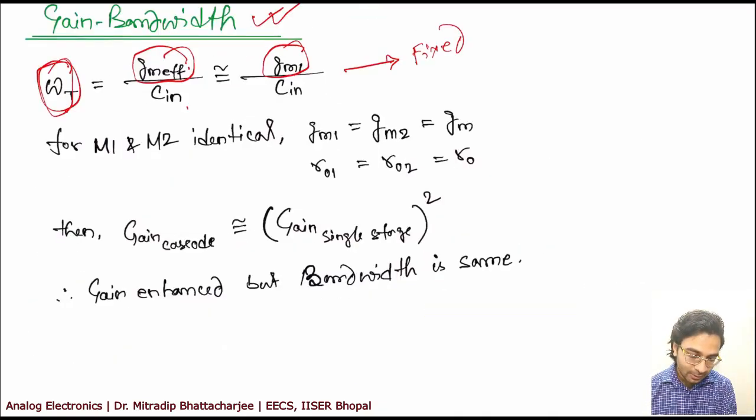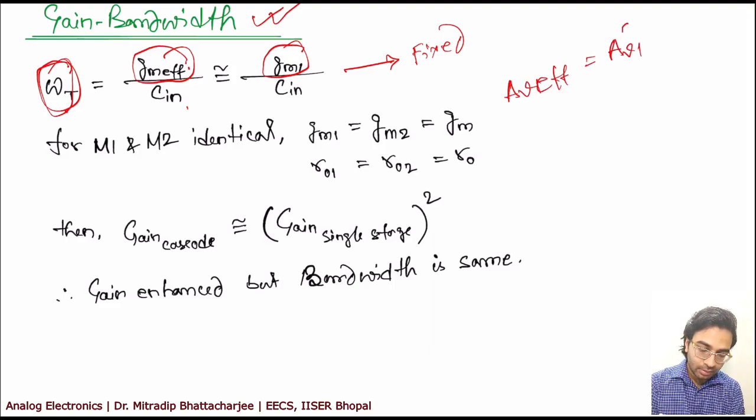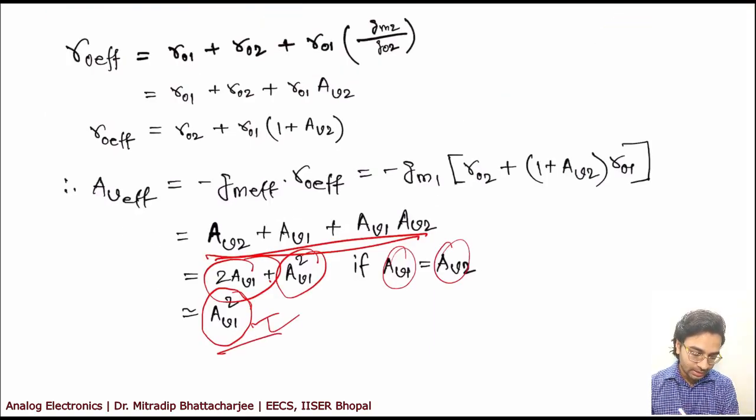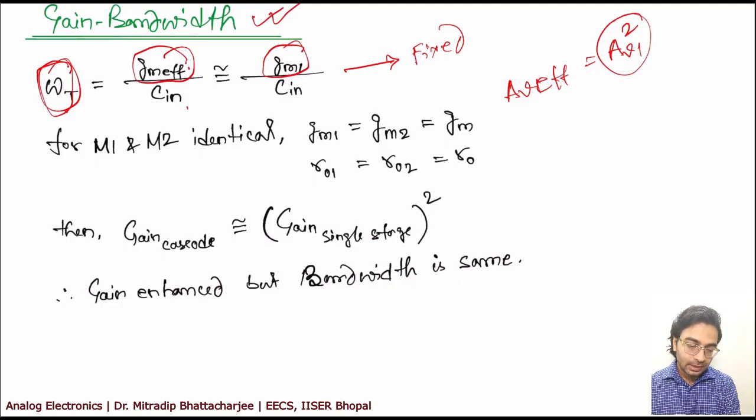What I've seen right now, your effective gain is currently square of the gain of M1, but your bandwidth is fixed. So we have come out of that constraint. Gain bandwidth product is constant. Currently we already have overcome that particular constraint using the cascode circuit.